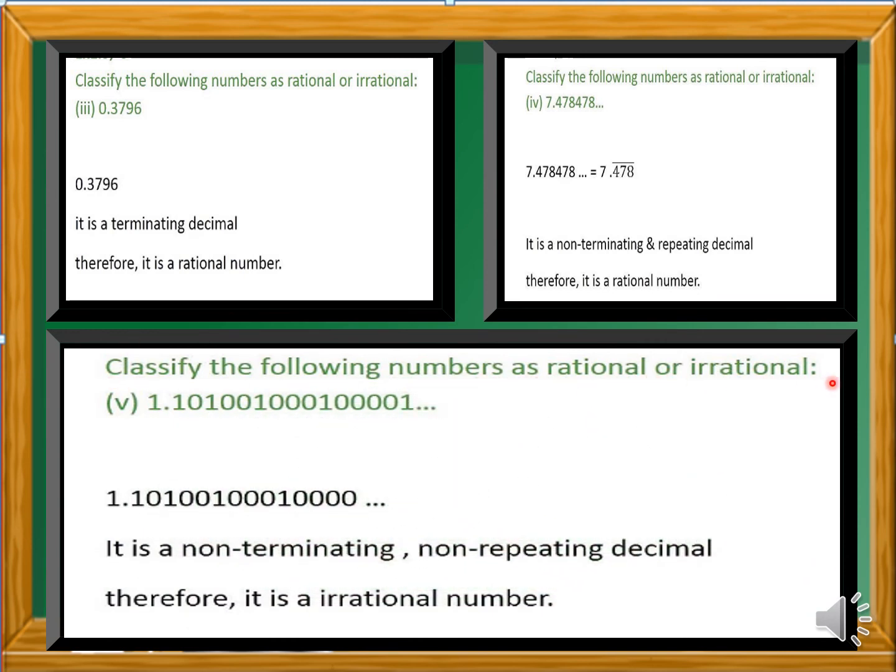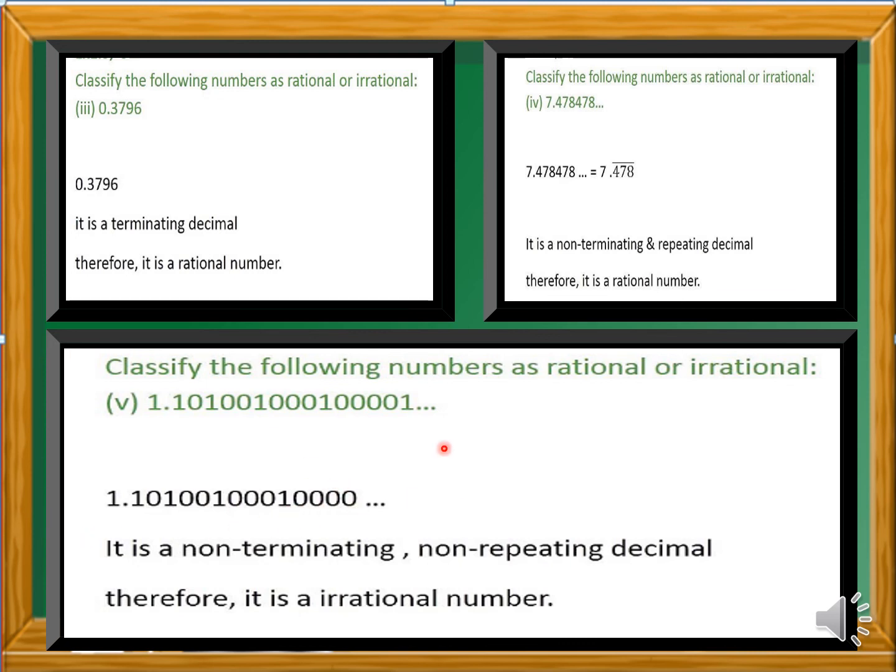Classify the following numbers as rational or irrational. So here the fifth sum, that is the fifth subdivision, 1.101001 then 0001, then 4 0 1, then dots. So here dots represent that it's not going to end, and it is said to be non-terminating, and here the numbers are not repeating. Even though 10 is repeating, it should repeat in a particular pattern. Here the pattern varies, right? Here one zero, here two zeros, here triple zeros, here four zeros.